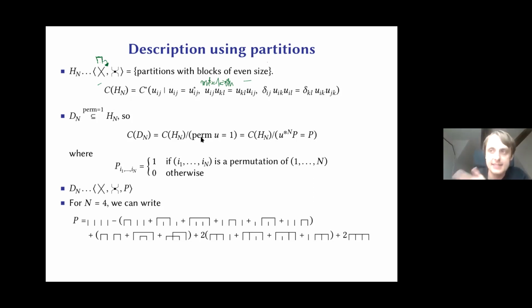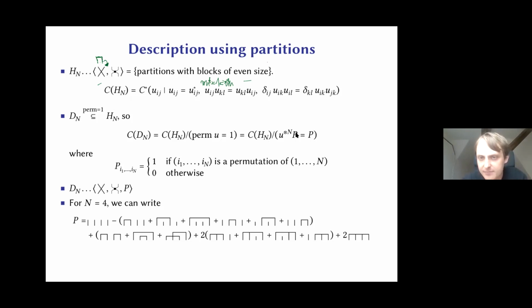And since, as I said, the permanent is a representation, you can probably believe me that this is an intertwiner-like relation. So more concretely, this relation can be written as follows.